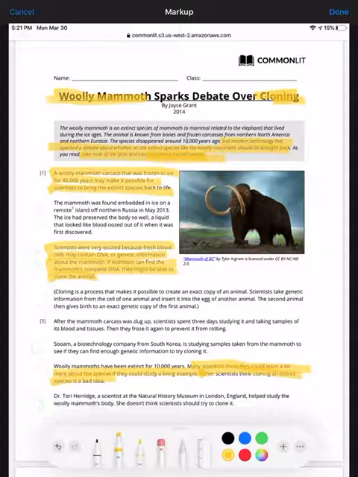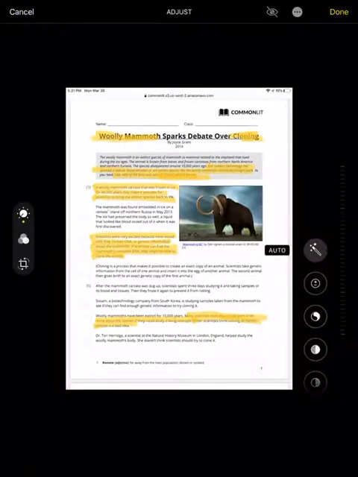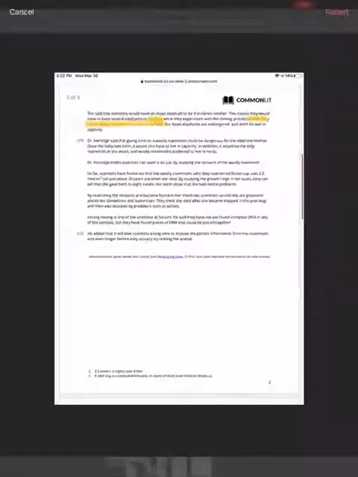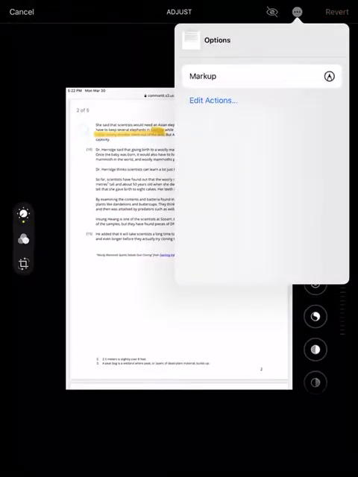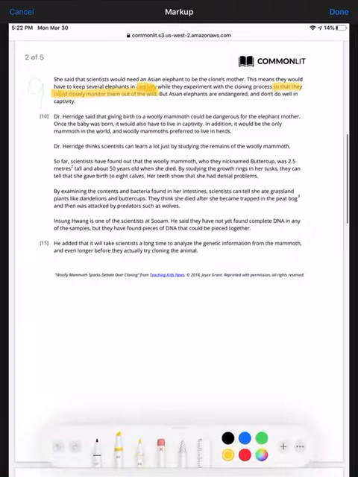Dr. Tori Harridge, a scientist at the Natural History Museum in London, England, helped study the woolly mammoth's body. She doesn't think scientists should try to clone it. Go on to this next page really quickly. She said the scientists would need an Asian elephant to be the clone's mother.